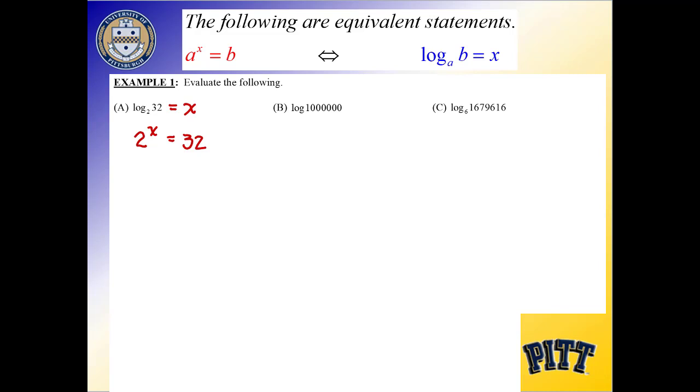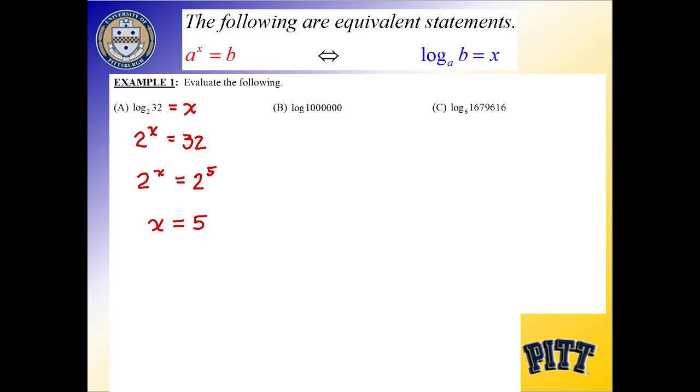And this is where you'd have to explore, depending on how well you know your powers of 2 and other bases for other situations, you can find out that 32 is the same thing as 2 to the 5th power. So you know that 2 to the x power equals 2 to the 5th. That means that x equals 5. So log base 2 of 32 is 5.